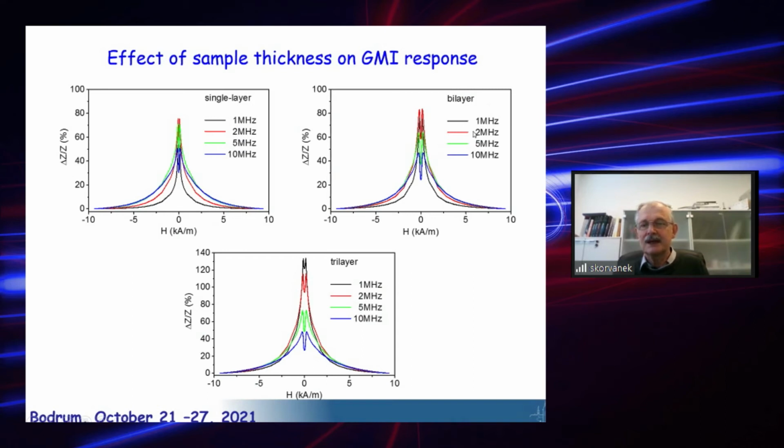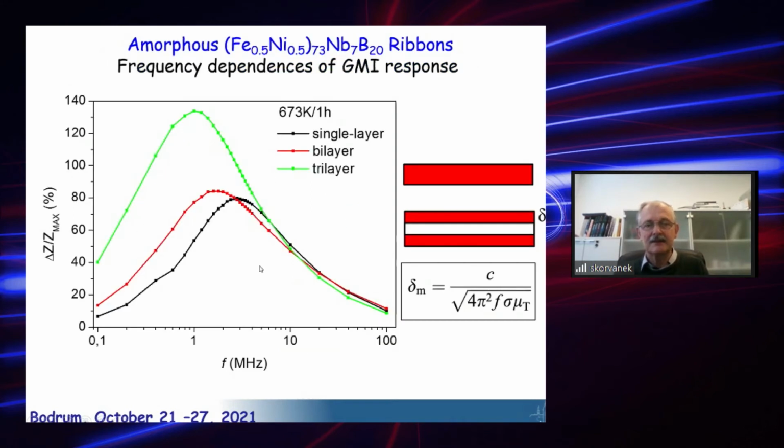Here in this case it's somewhere between 1 and 2 megahertz, and here it's probably below 1 megahertz, and we can see it in more detail here, that really with thickness of ribbon we have a shift of the maximum of GMI to lower frequencies, which of course can be explained by the fact that in the case of thicker ribbon, the condition that the penetration depth is lower than the thickness of the ribbon is fulfilled earlier.